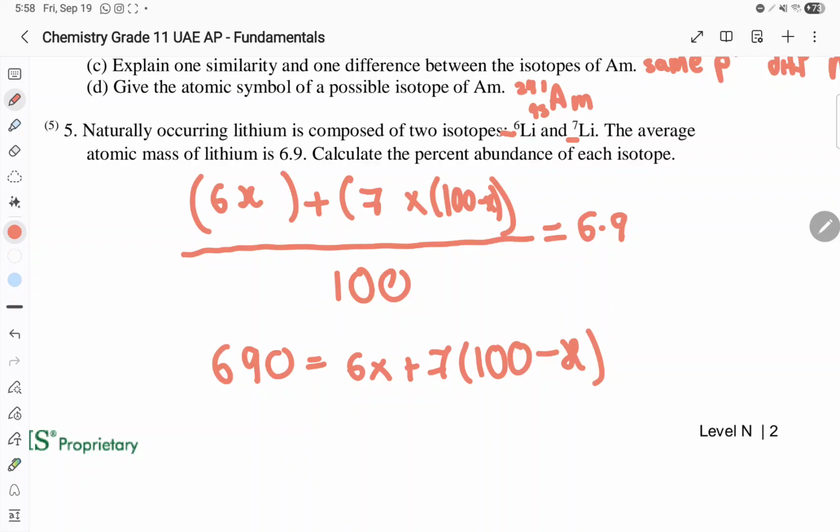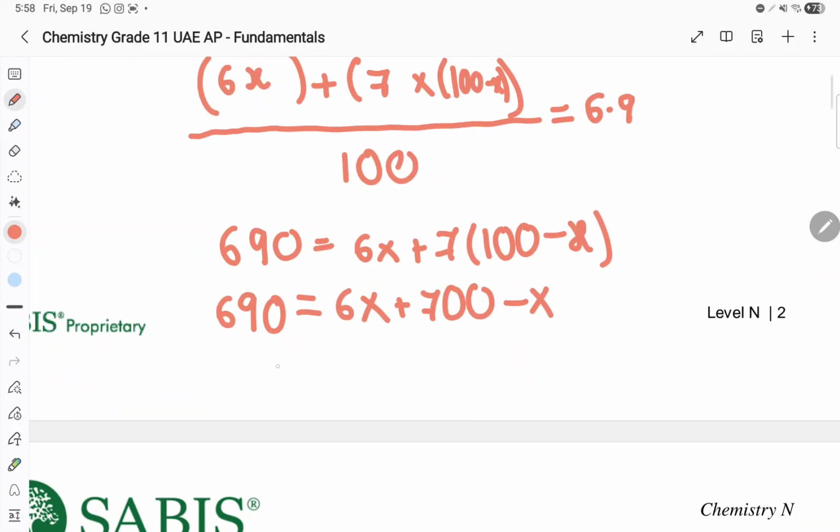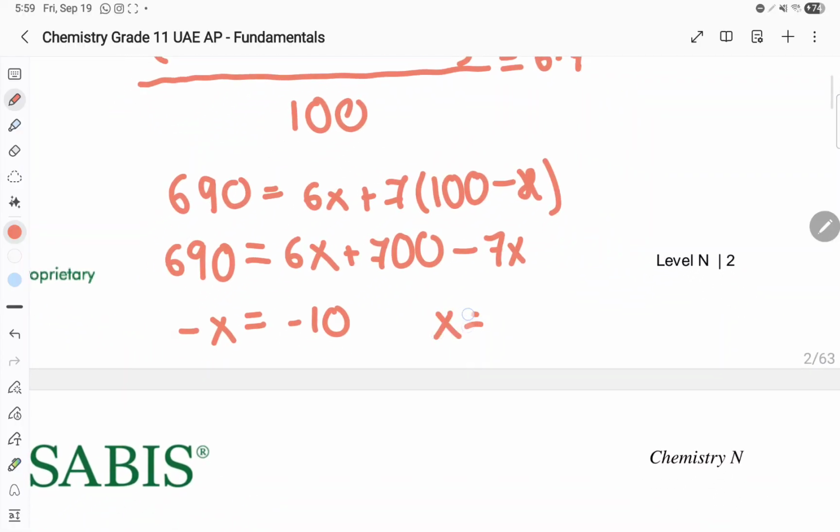Now we can distribute: 690 equals 6x plus 700 minus 7x. I forgot to distribute the 7 into the x. So it's negative x, because now it's not plus anymore. Negative x equals negative 10, so x equals 10.